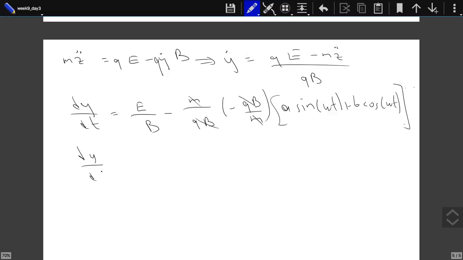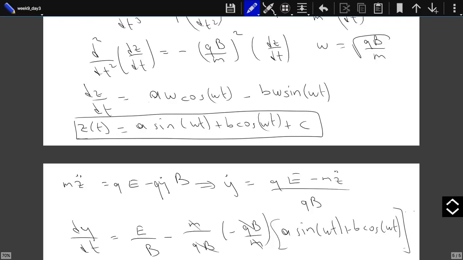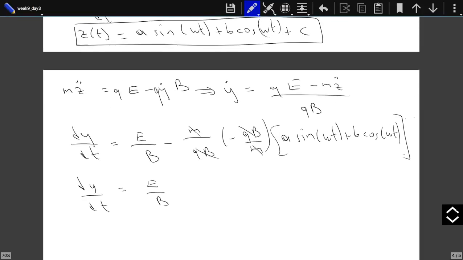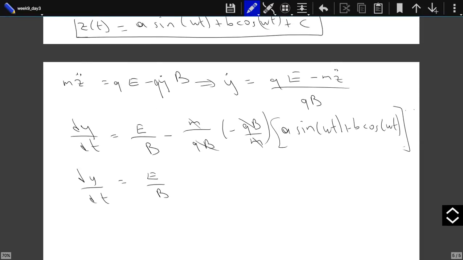Dy by dt is equal to E over B. Sorry, omega is not the square root of this. Omega is q b over m. So here I have another q b over m, minus omega times a sine omega t plus b cosine omega t.